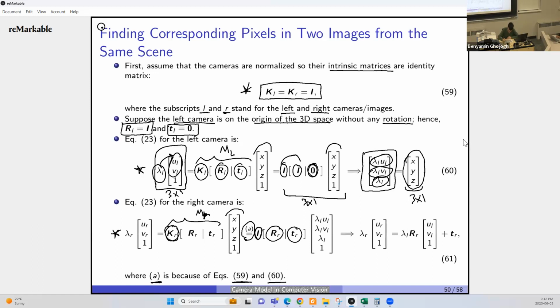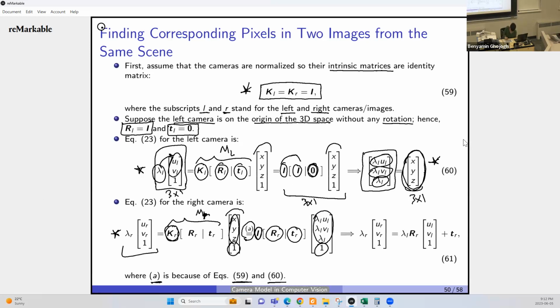I'm replacing XYZ by what I had found in equation 16. So what I found from the left camera, I'm putting it in the equation of the right camera. So I'm replacing XYZ with lambda L UL, lambda L VL, and lambda L. And this one also comes here, right?